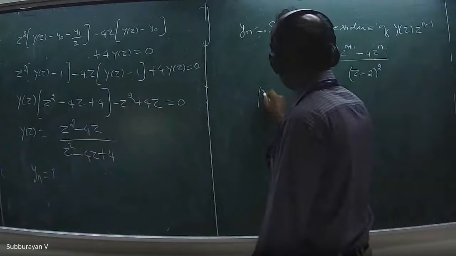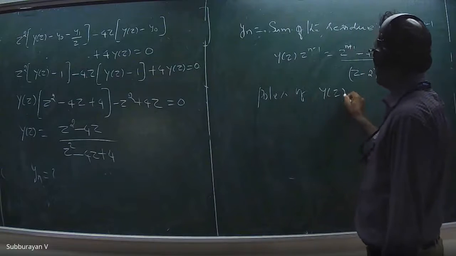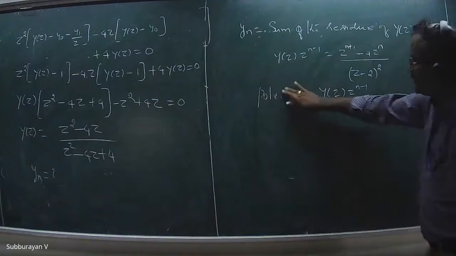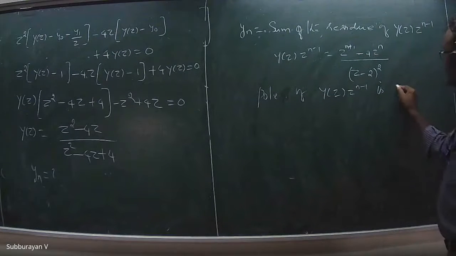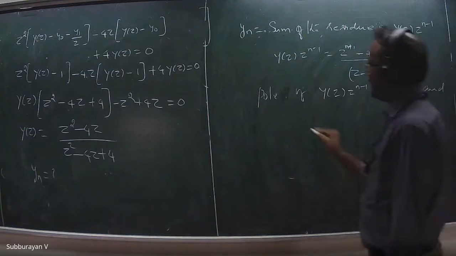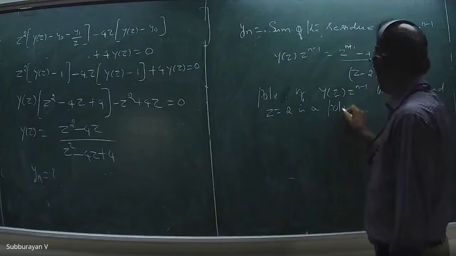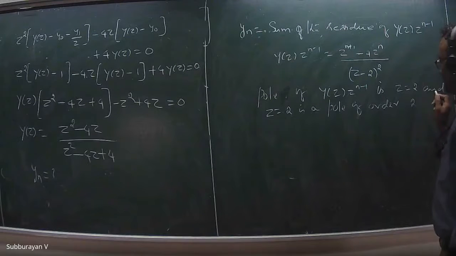The poles of y of z into z power n minus 1: z equal to 2, and z equal to 2 is a pole of order 2.